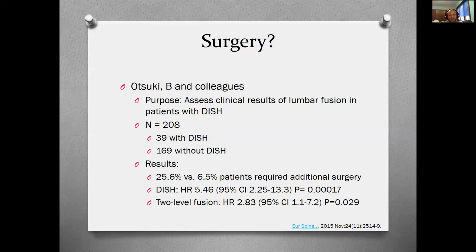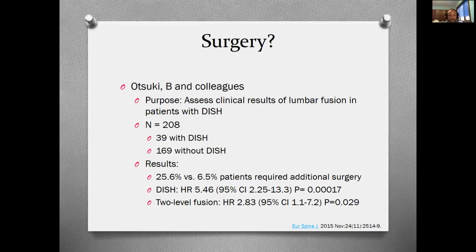That's kind of a big deal. You can see the hazard ratio for the DISH patients requiring additional surgery is about 5 times, and you can see by the P value that is very statistically significant. I would also agree it's clinically significant. And then depending on if they had a 1-level fusion or a 2-level fusion, so this is with the DISH patients, that also increased their risk for additional surgery.